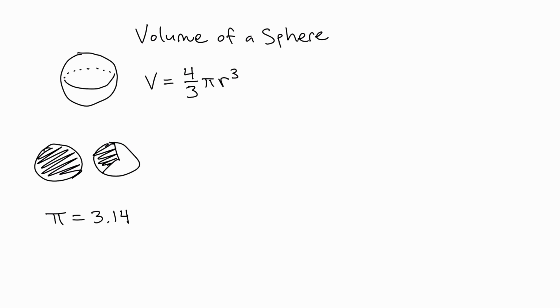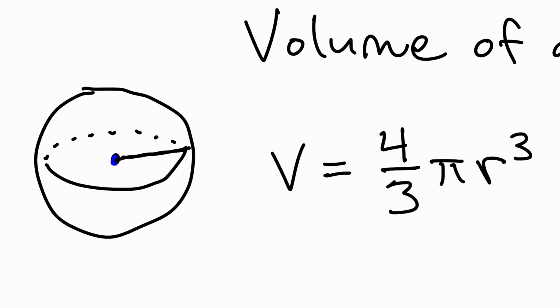And then r is our radius. The radius is the distance from the center of the sphere to the outside of the sphere. So I'm going to zoom in here and draw some lines to show that all of these lines have the same distance.